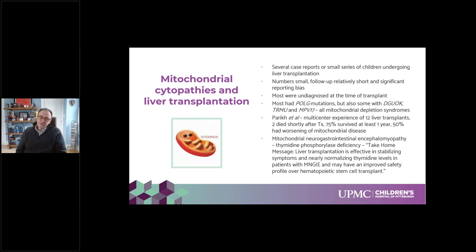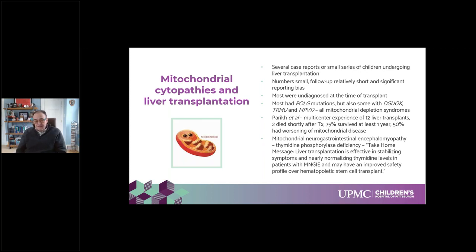There is one exception to this, and that is mitochondrial neurogastrointestinal encephalomyopathy, known as MNGIE, which is a defect of thymidine phosphorylase. In transplanting older kids and adults, the take-home message was that liver transplantation is effective at stabilizing the symptoms and nearly normalizing thymidine levels in these patients.